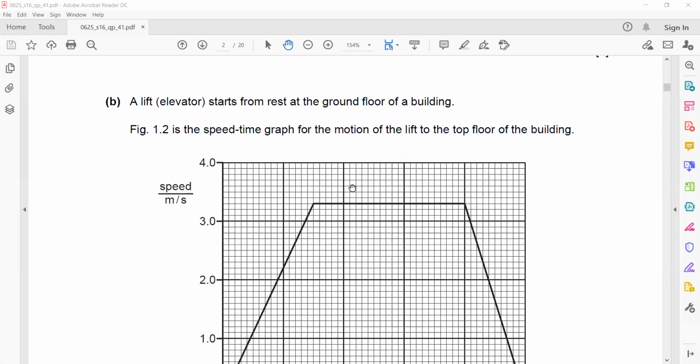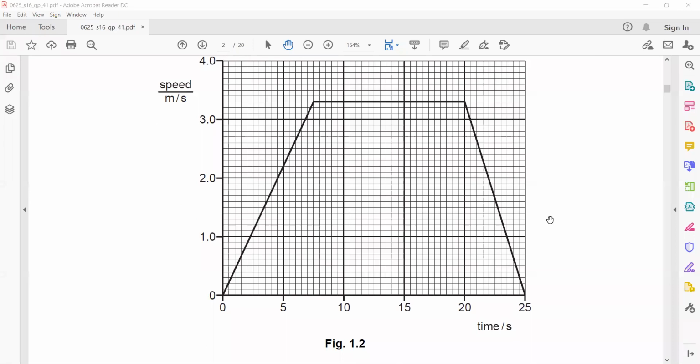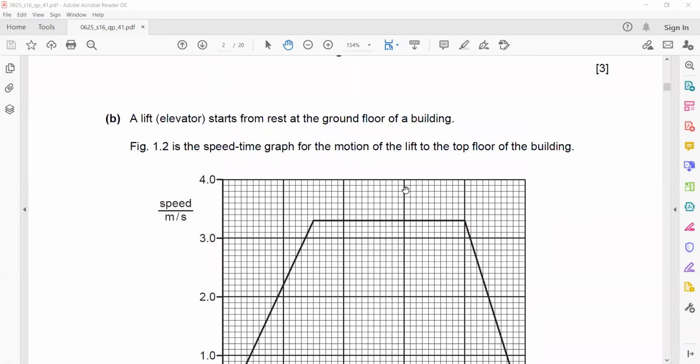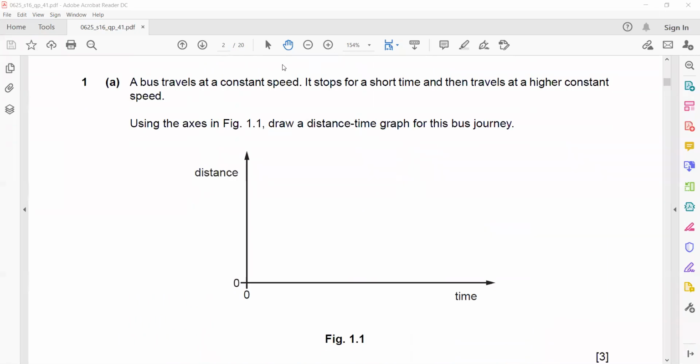And then higher constant speed, so the graph will be like this. If this was a speed time graph, but this is in the question, it is a distance time graph. So moving with a constant speed, then stop, and then higher constant speed. But to reflect that speed, it should change the slope. That's why the graph shows a variation.